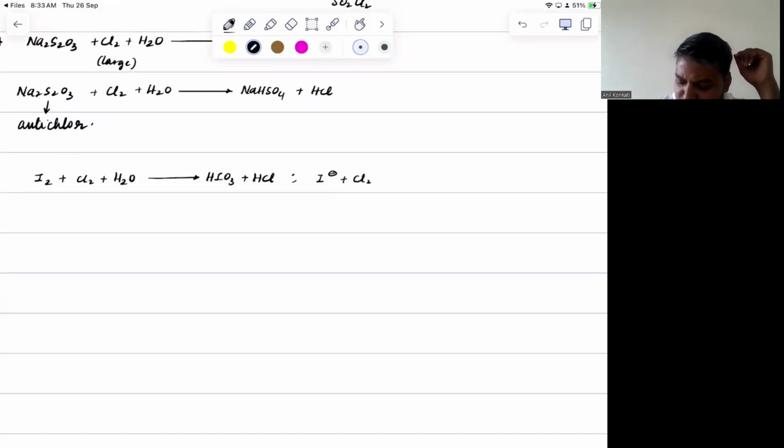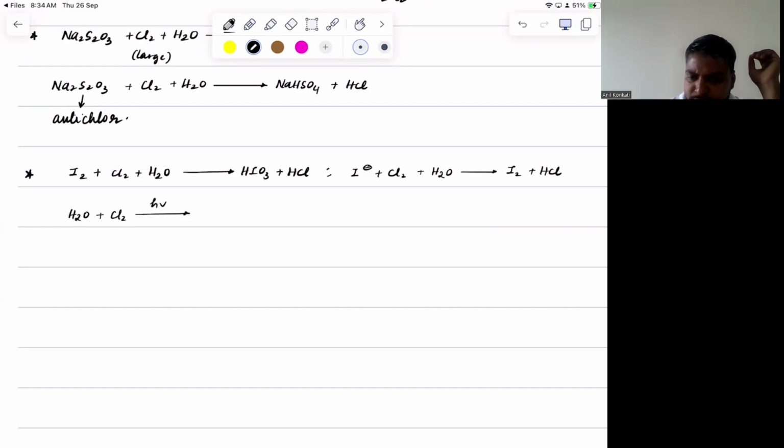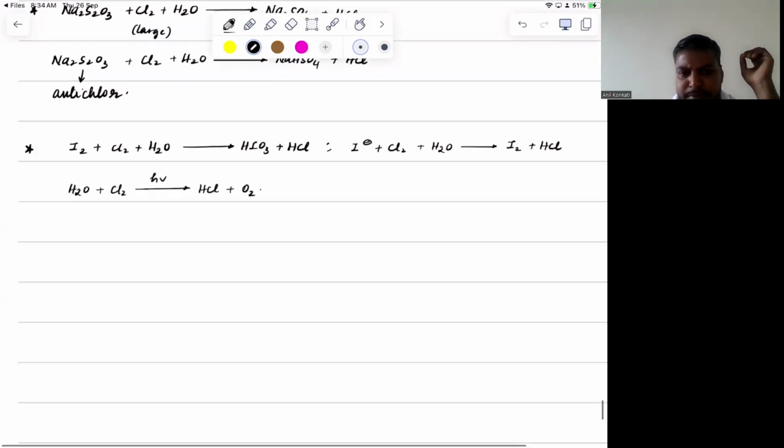I minus plus Cl2 plus H2O will give us I2 plus HCl. So here it will become easier. Now, if you add excess amount of chlorine, that will eventually push this to formation of HIO3. Okay. Next, if you have H2O plus Cl2 in the presence of h nu, this will become HCl plus O2.